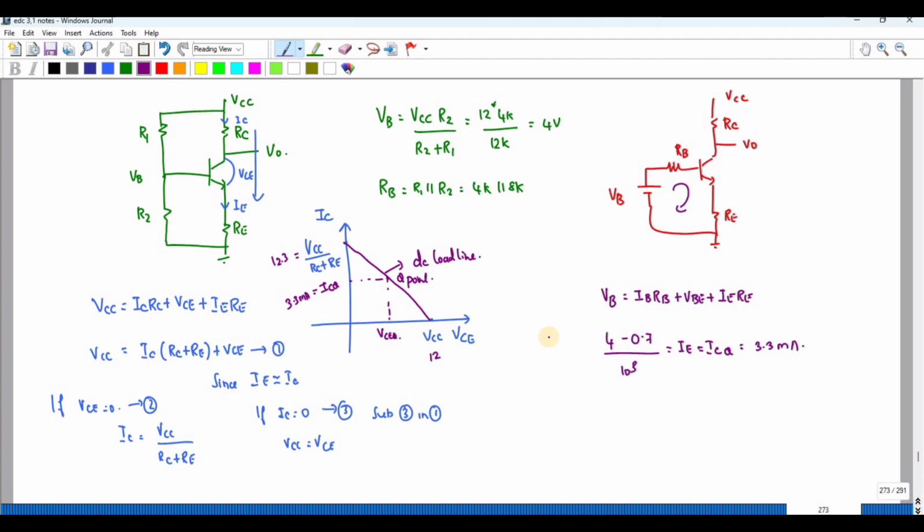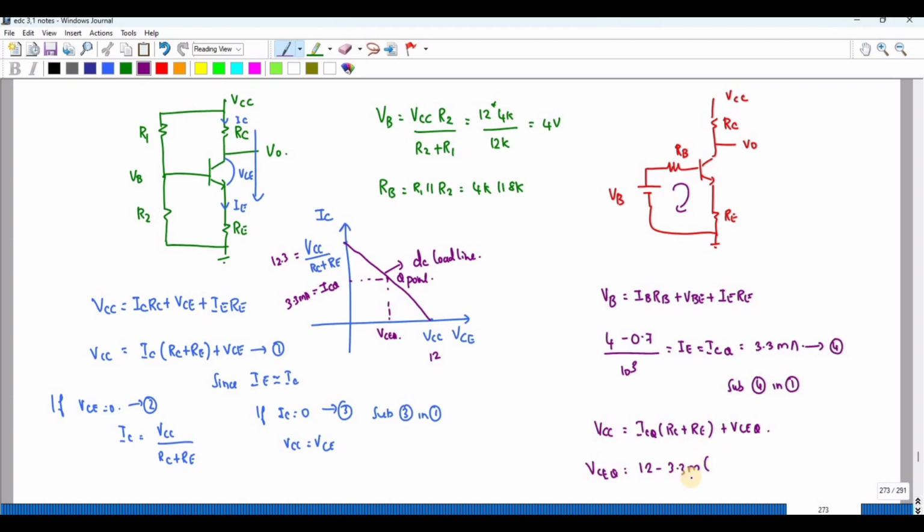Next we need to substitute in the earlier equation. Substituting this value, I will get VCC is equal to ICQ times RC plus RE, plus VCEQ. So I need to find the value of VCEQ. VCEQ is nothing but 12 minus 3.3 milli into RC plus RE.